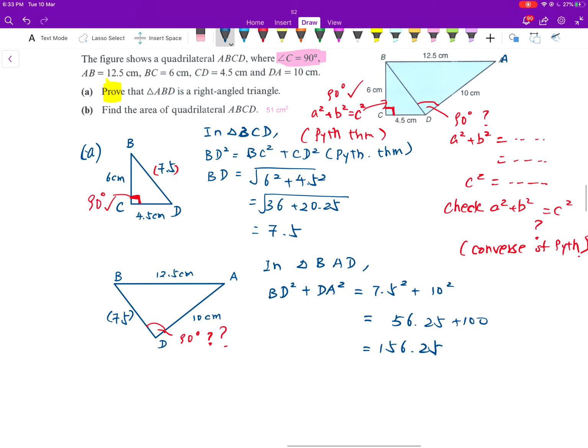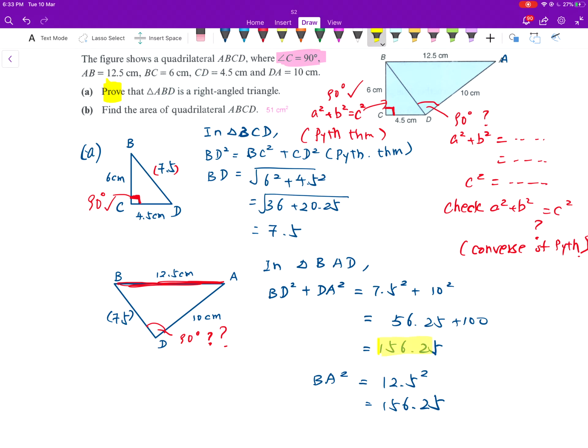Then we check again the value of BA squared. It equals 12.5 squared, which equals 156.25 also.